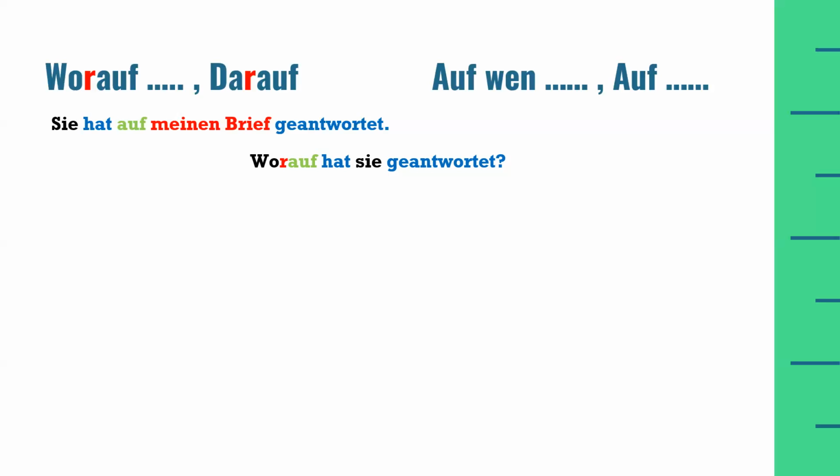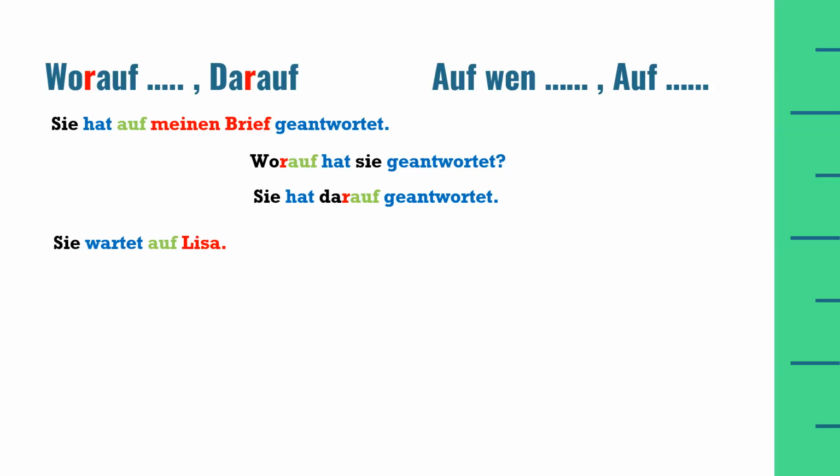And since this auf preposition starts with a vowel, we have to put an R in the German language between the wo compound and the preposition. So it becomes worauf hat sie geantwortet? Sie hat darauf geantwortet. She has answered to that. Now, what is behind this darauf is meinen Brief.